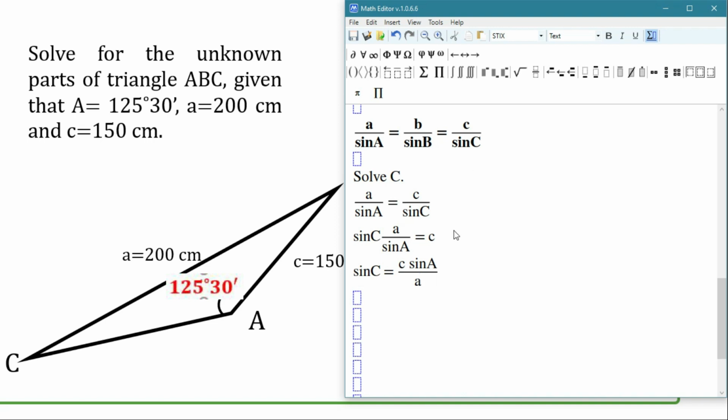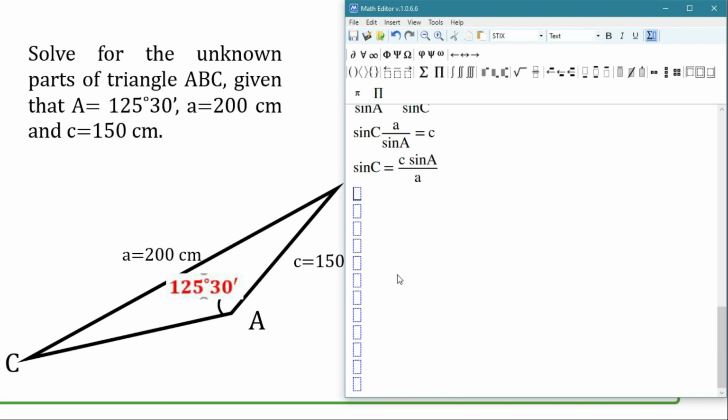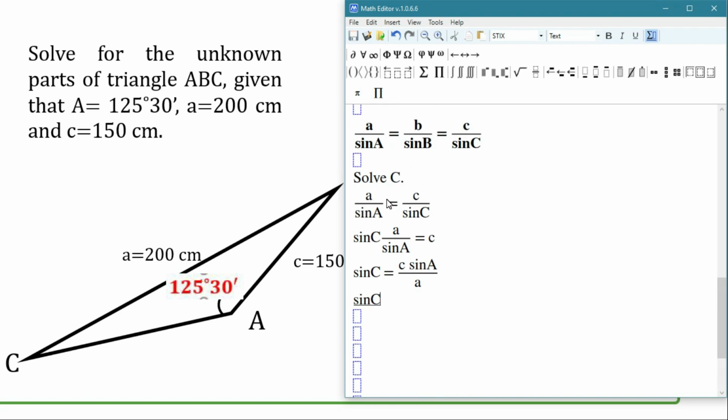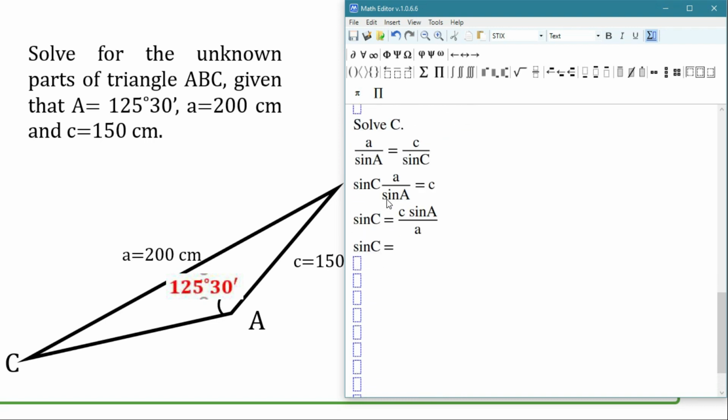Then plugging in the values to our formula, we have the sine of C, since we are looking for the value of angle C, equivalent to c, which is 150 centimeters, multiplied by the sine of A, which is 125 degrees and 30 minutes.